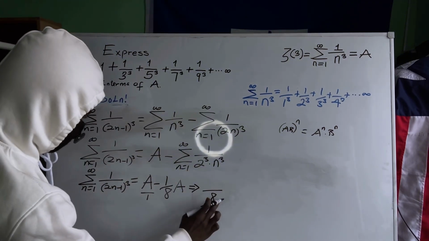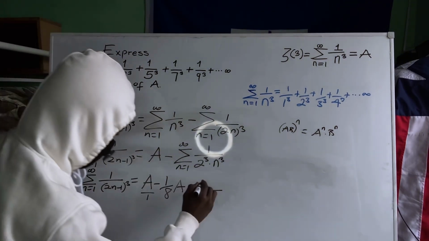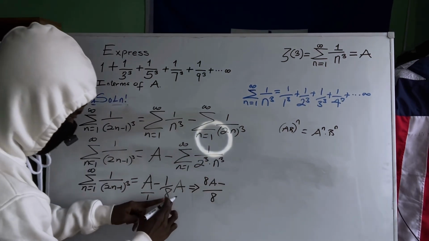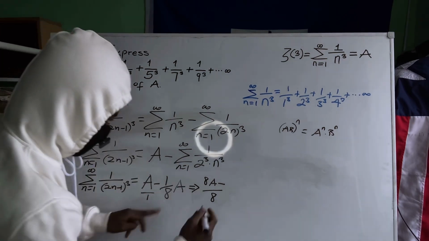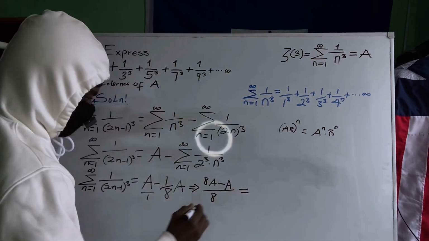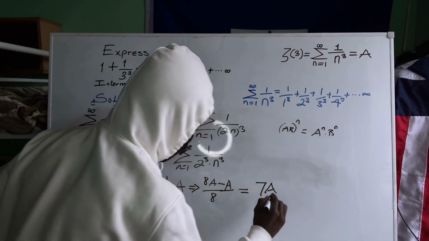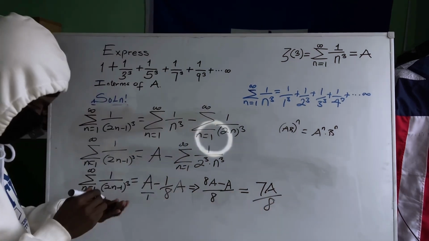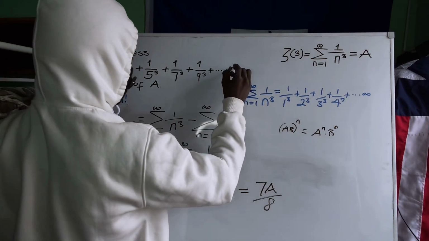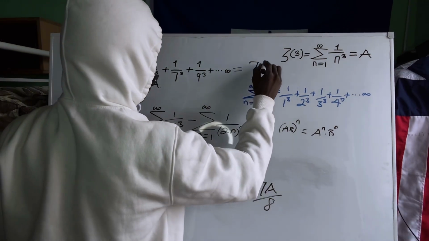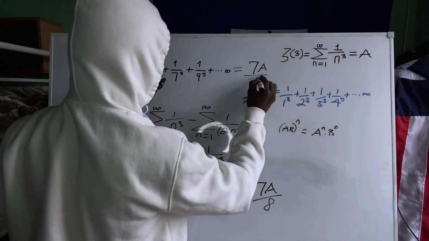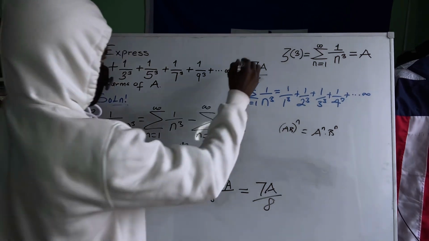So 1 into 8, it goes 8 times. 8 times A gives us 8A, minus 8 into itself 1 time. 1 time A is A. So we perform the operation, and we're going to have 7A all over 8. So it means that, guys, this expression in terms of A is just equal to 7A all divided by 8. So this is our answer, guys.